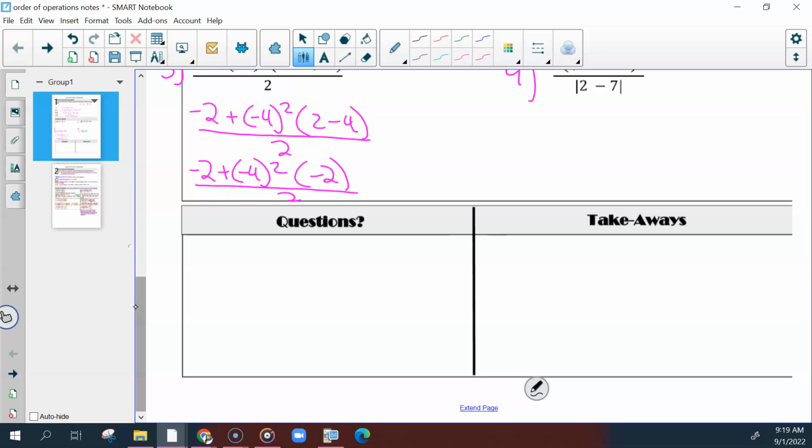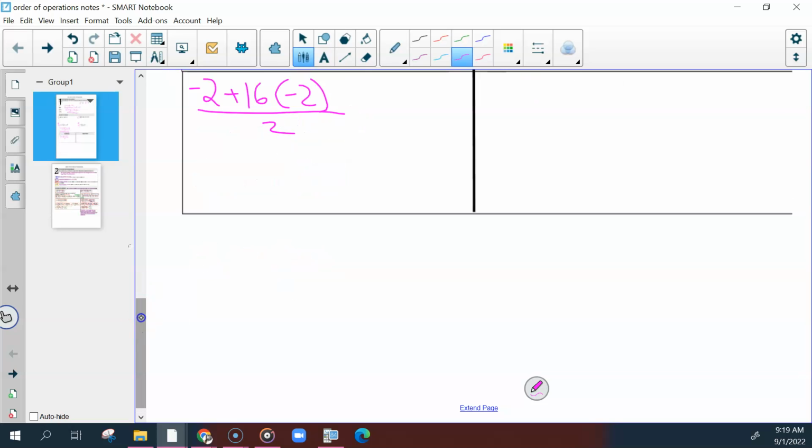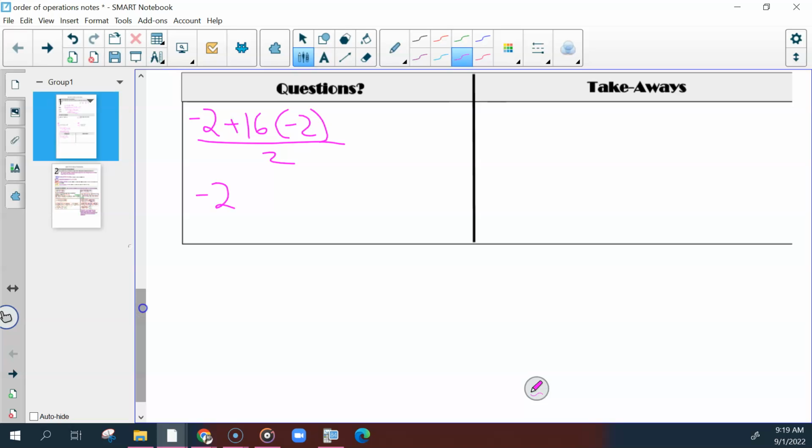I'm running out of space, so I'm just going to continue down this way. So this was a positive 16, so I'm just going to leave that as plus. What would we do next? Times -2, which is -32.